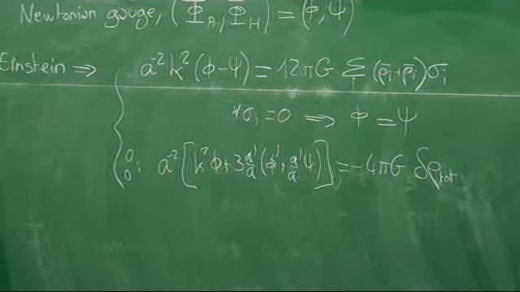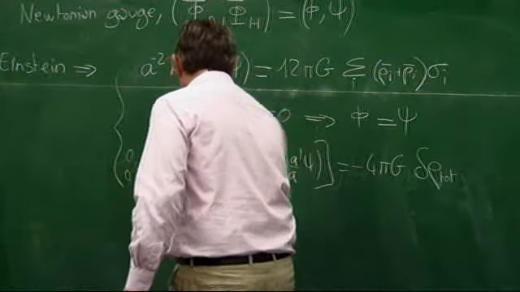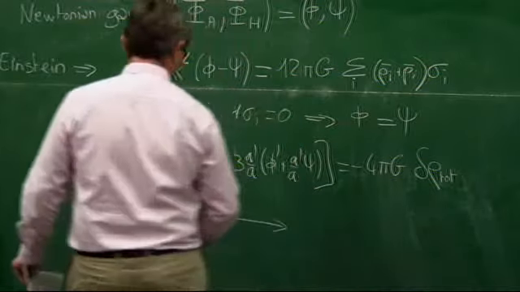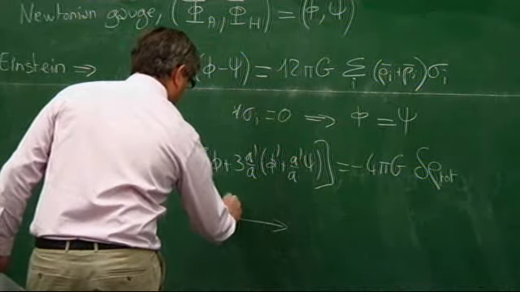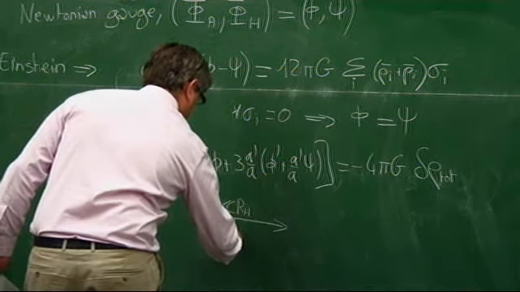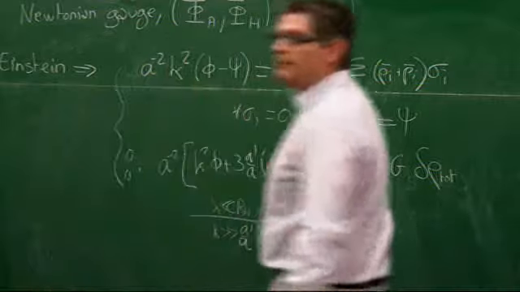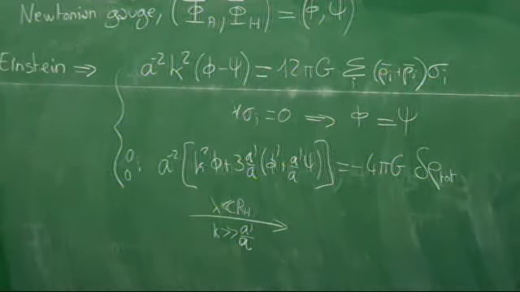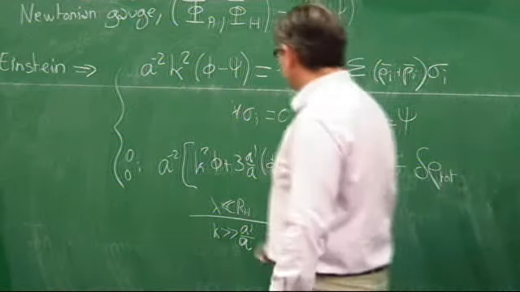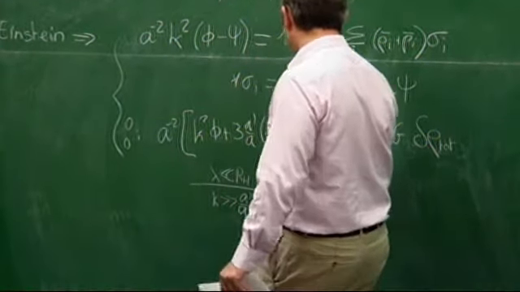And now you can study the limit of this equation for modes which are inside the Hubble radius. So lambda much smaller than R_H, corresponding to k, as we just said, much bigger than a prime over a. If I am in this sub-Hubble limit, the term with the factor k's will always win over the terms with the factor a prime over a.